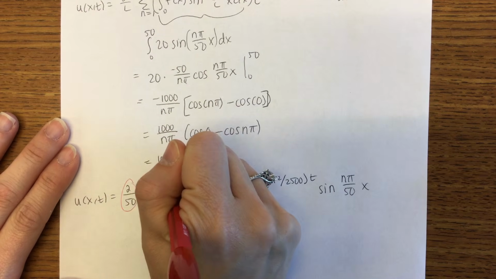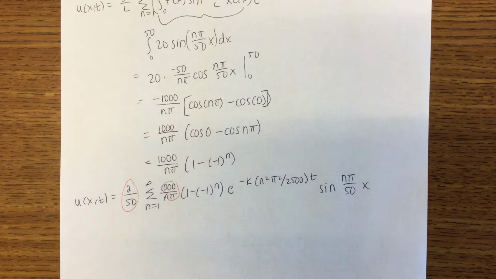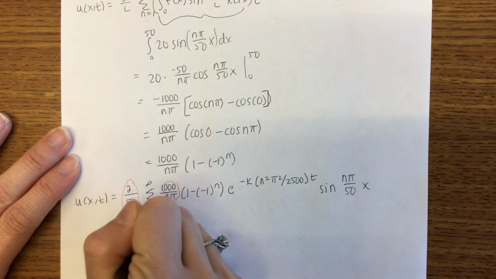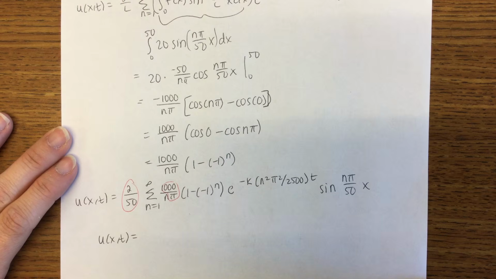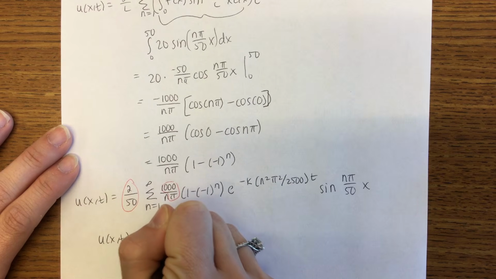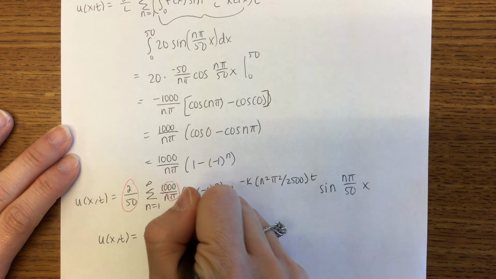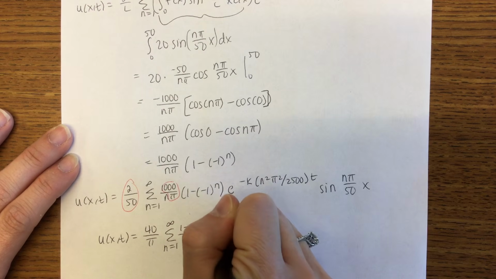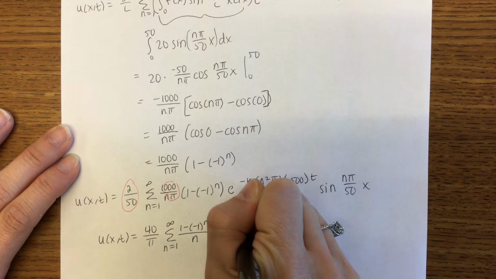You're going to combine those and the 1,000 over pi. So the final answer is going to be 40 over pi, the sum from n equals 1 to infinity of 1 minus negative 1 to the n over n, and then everything else like it appeared before.